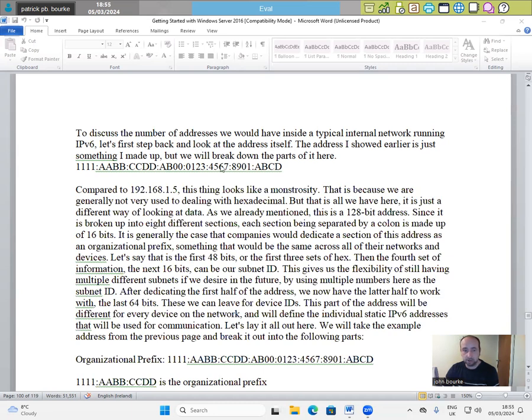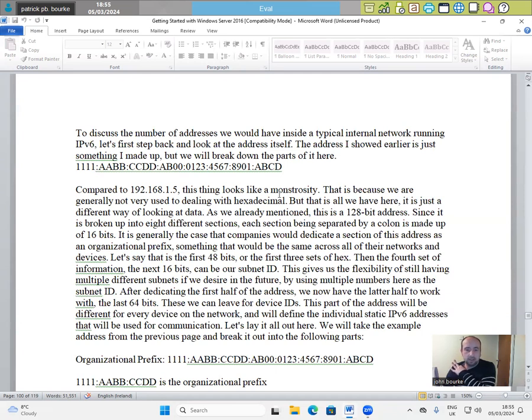The address I showed you earlier is just something I made up, but we will break down the parts of it here: 1111:AABB:CCDD:AB00:0123:4567:8901:ABCD, compared to 192.168.1.5.